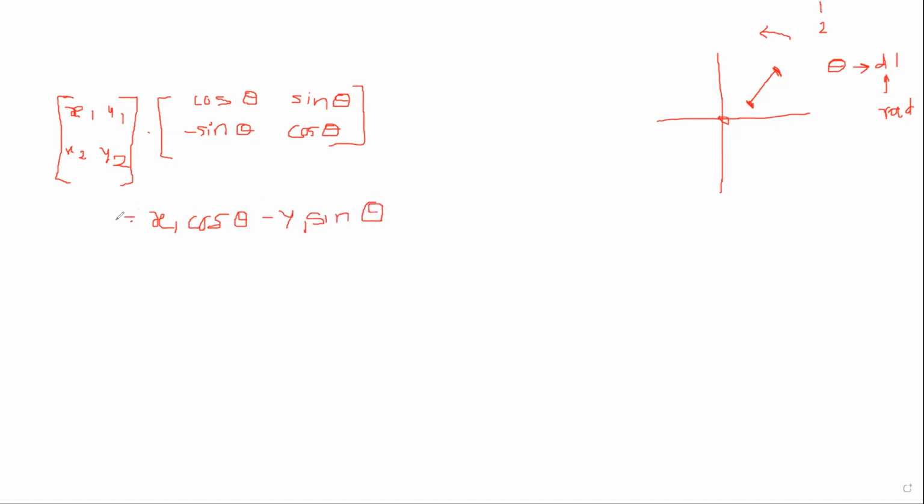This is the new value of x, so I will call it x11. Then y11 is obtained by multiplying the first row with the second column. So y11 is x1 sin theta plus y1 cos theta. Okay. Similarly, x22 and y22, or x21 and y21.